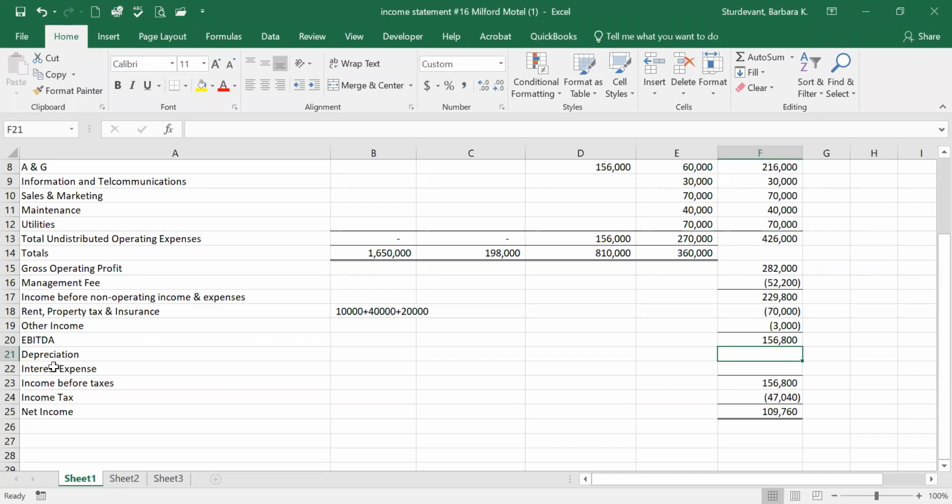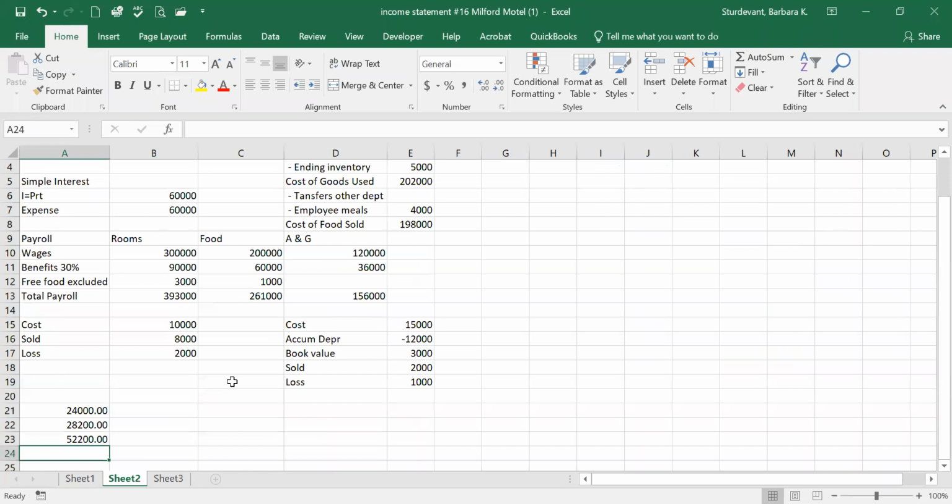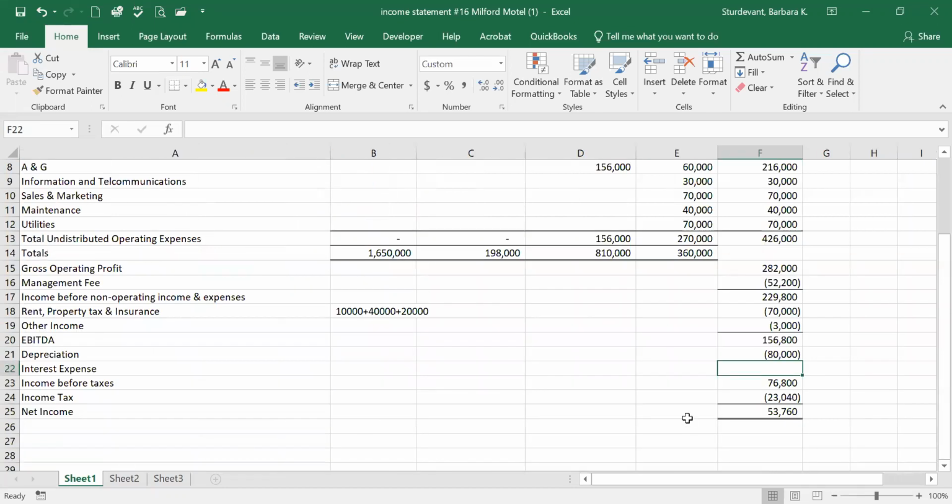The depreciation. Yes, and how much is our depreciation? 80,000. Yep. Okay. Now, did we have any interest expense? We did, right? Yes. Calculated it right here, correct?